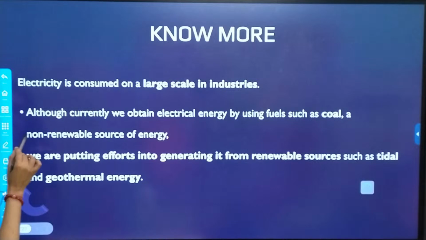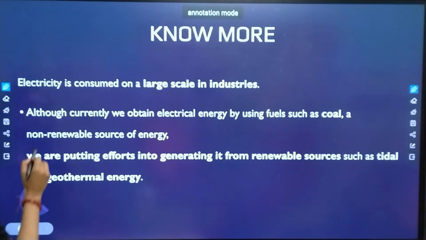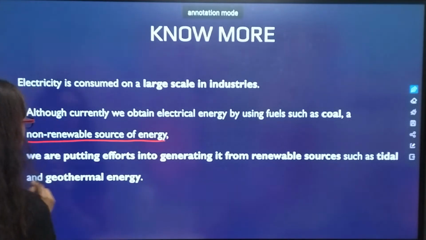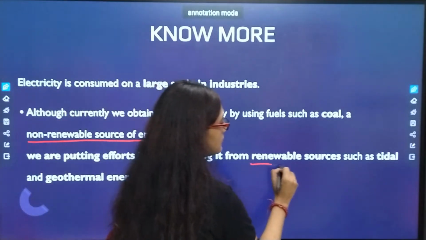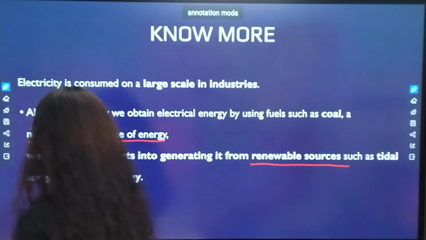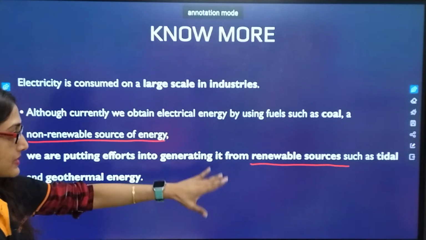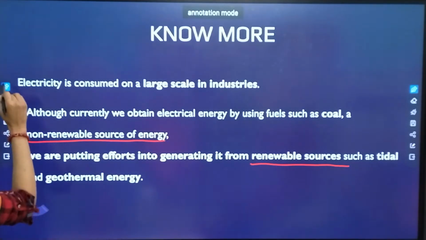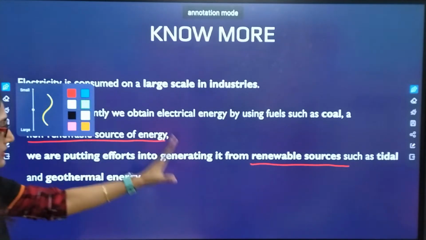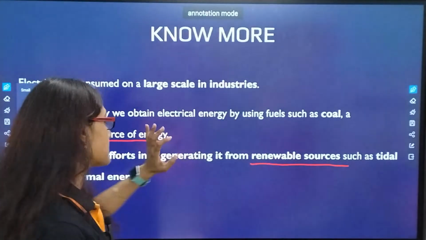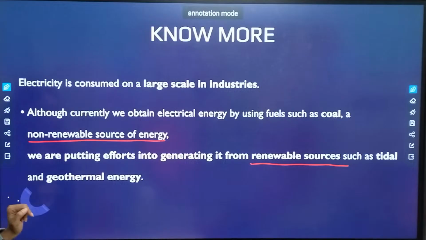Now, what is a non-renewable source of energy and what is a renewable source of energy? It's present in your chapter, so we will read about it again in the slide, but still I am explaining it over here.